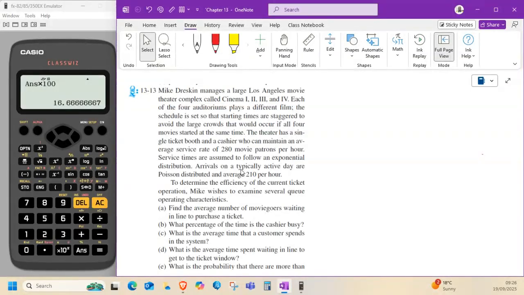The theater has a single ticket booth, and the cashier can maintain an average service rate of 280 patrons per hour.